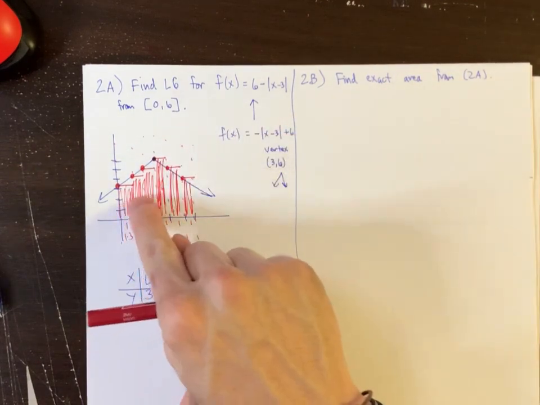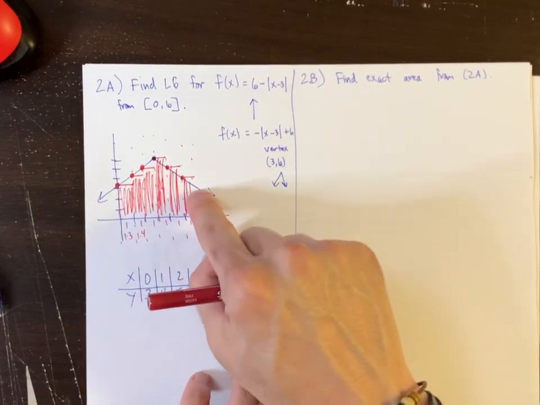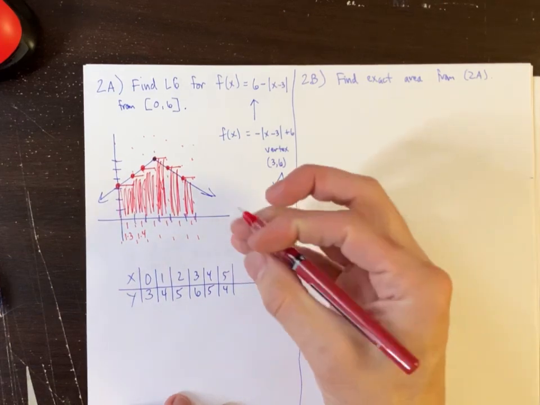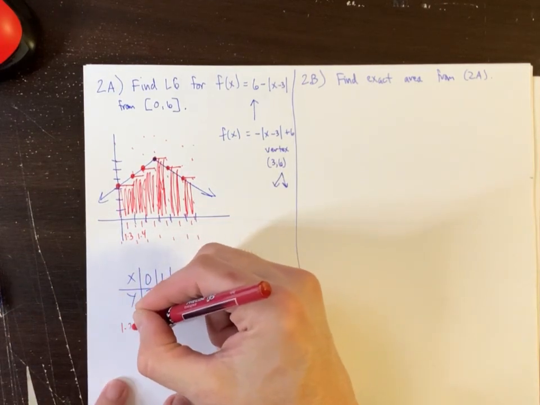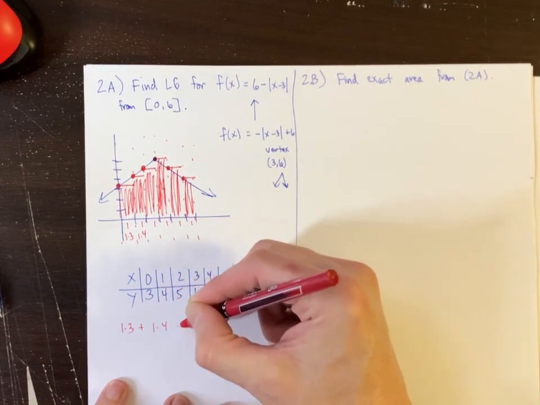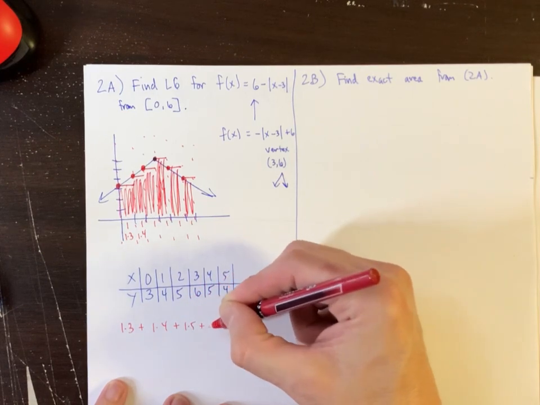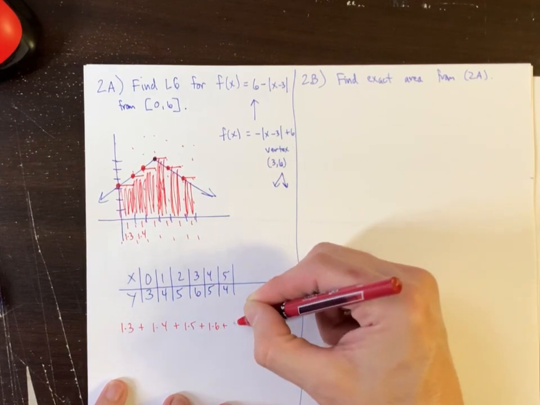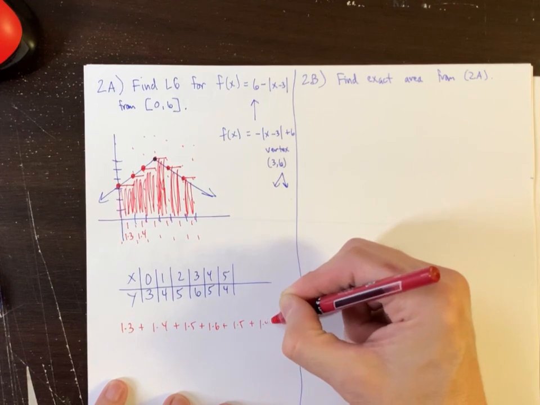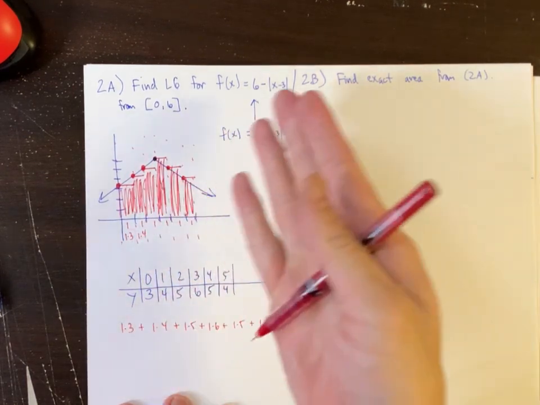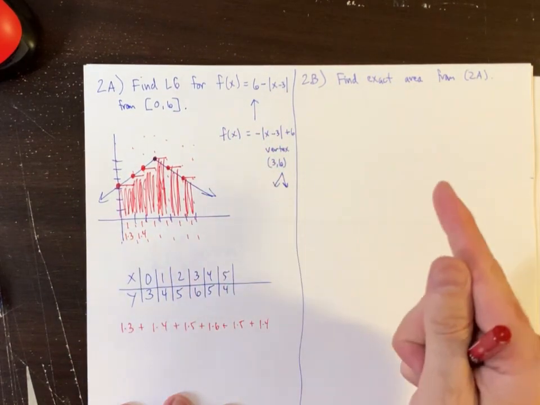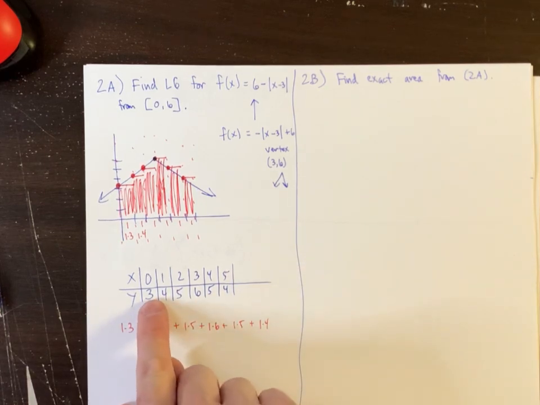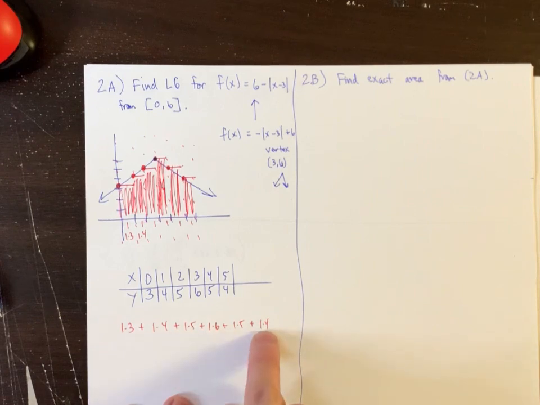So you have to find the areas of all 6 of these rectangles. I'll just go down here. It's a little clearer. So it's 1 times 3 plus 1 times 4 plus 1 times 5 plus 1 times 6 plus 1 times 5 plus 1 times 4. It's always 1 because for this problem, the width of these rectangles is 1. And the heights of them happen to be the y values, which is why these y values appear as the heights of these rectangles.